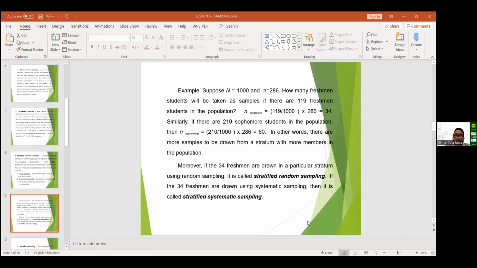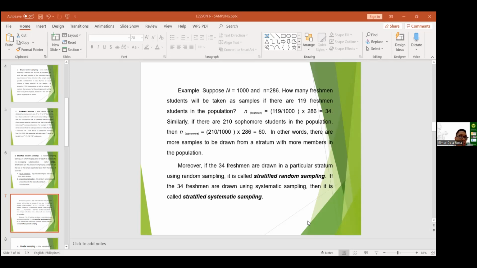Ang una mo daw gagawin, kung equal allocation at merong 4 na year levels, college students to, first year, second year, third year, fourth year, kung meron kang 4 na groups or strata na tinatawag, so 286 equally divided by 4. So 286 divided by 4 groups, 71.5 or approximately 72. Hindi naman sabihin ng eksakto kasi kung 0.5, wala namang 0.5 na tao.